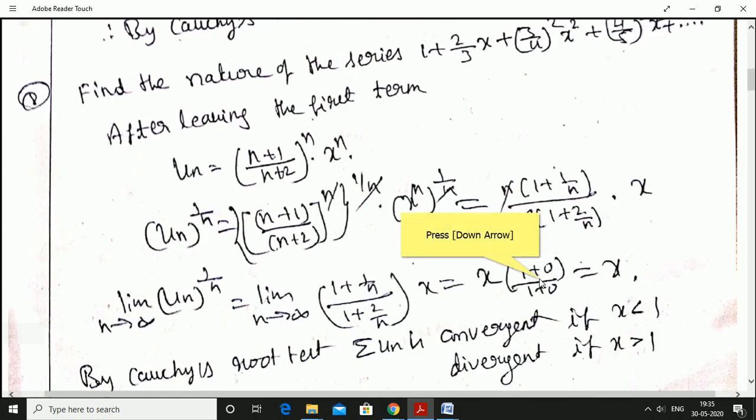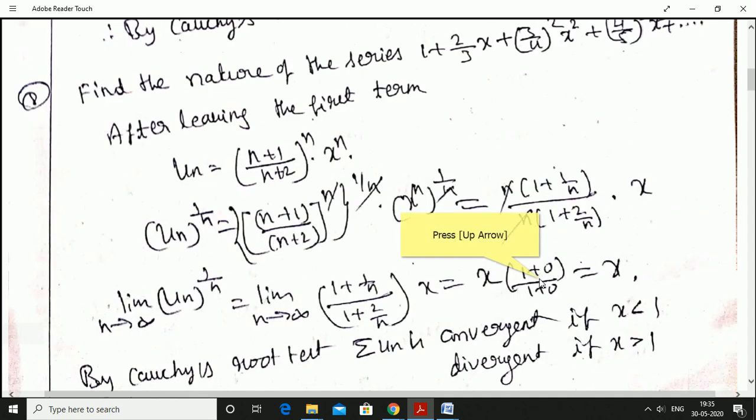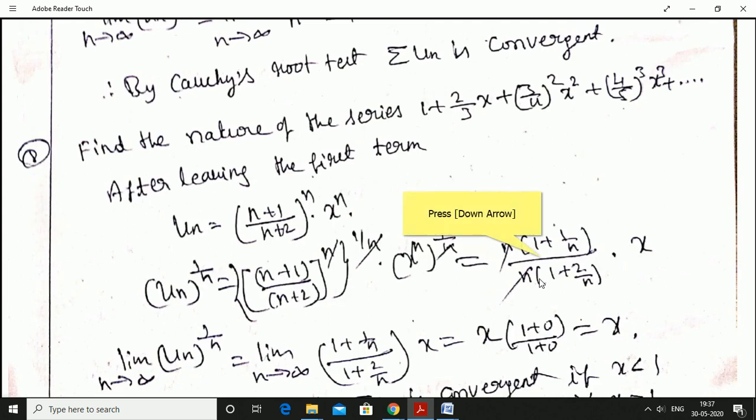Next problem. Find the nature of the series 1 plus (2 by 3) into x plus (3 by 4) whole square into x square plus (4 by 5) whole cube into x cube plus and so on. This is the problem.